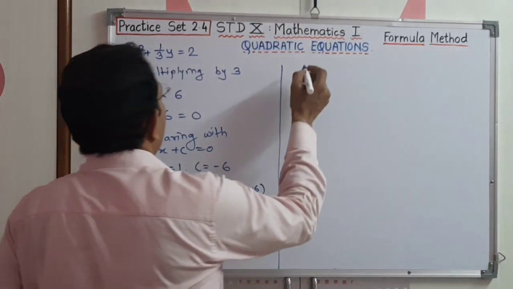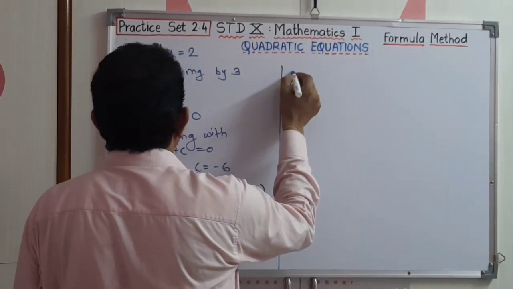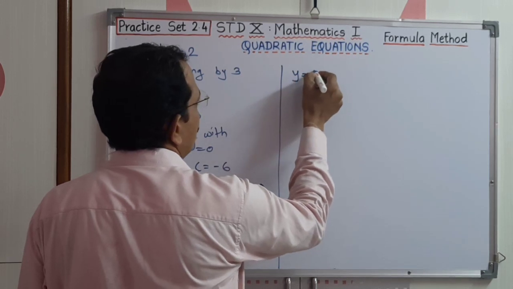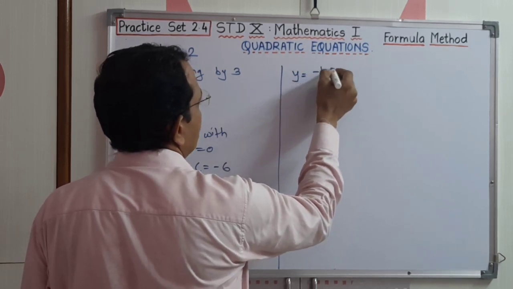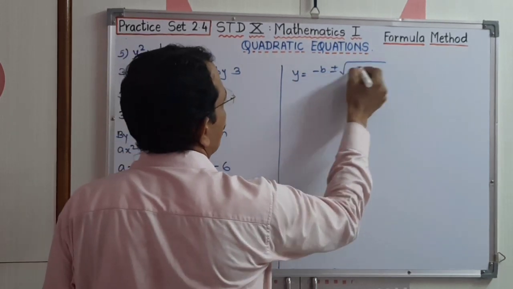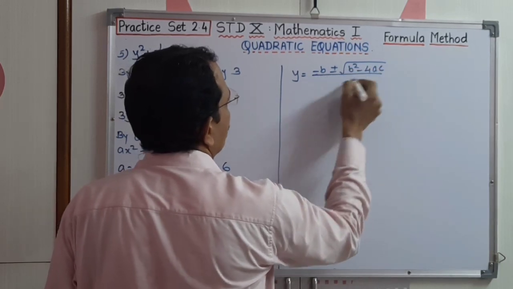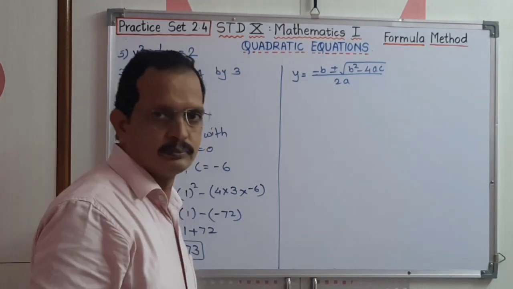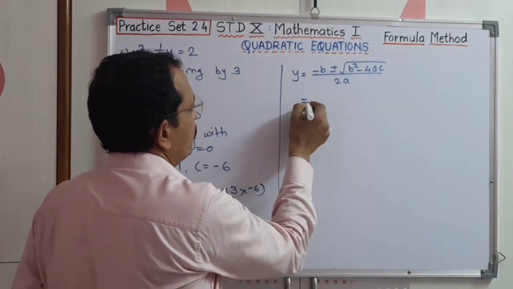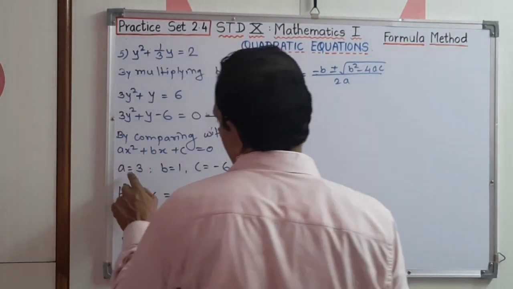Now by formula, the formula is y is equal to minus b plus minus under root b square minus 4ac upon 2a. Now what is the value of b?